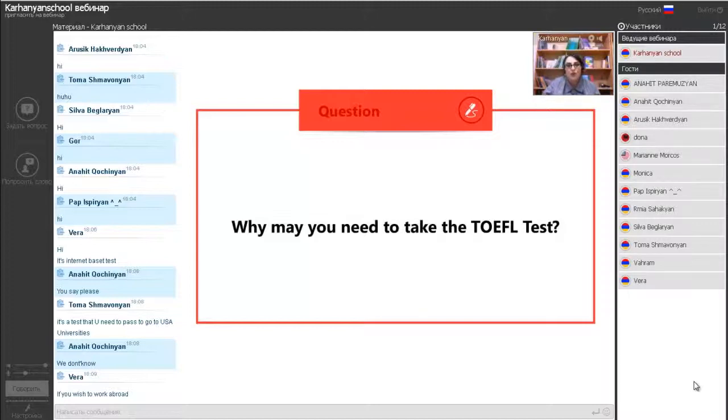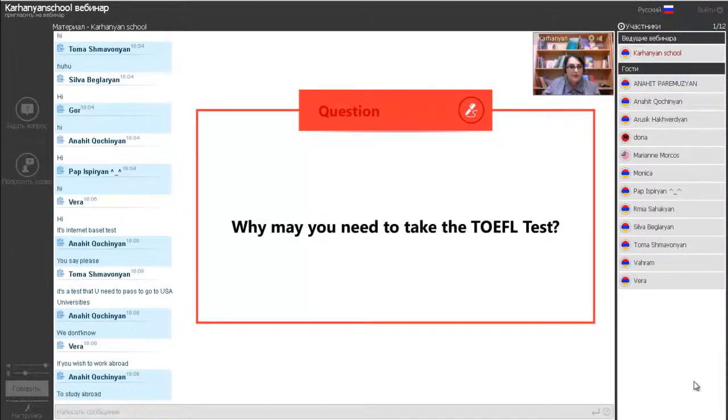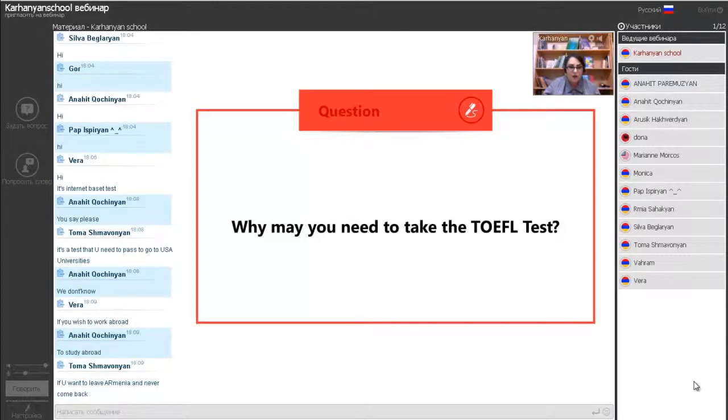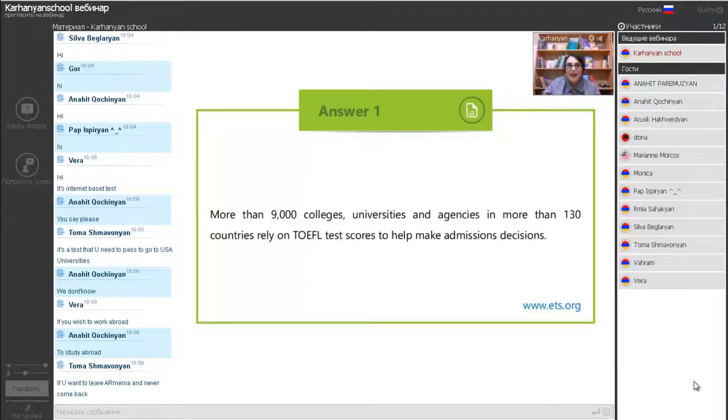If you wish to work abroad, what else? Why else? To study abroad, of course, Anahit, right? You want to leave Armenia and never come back, okay, Toma, but don't be so negative, just stay positive all the time.